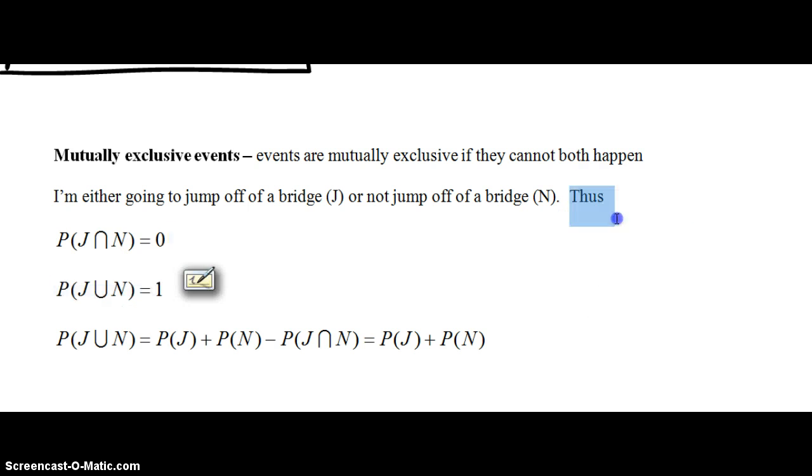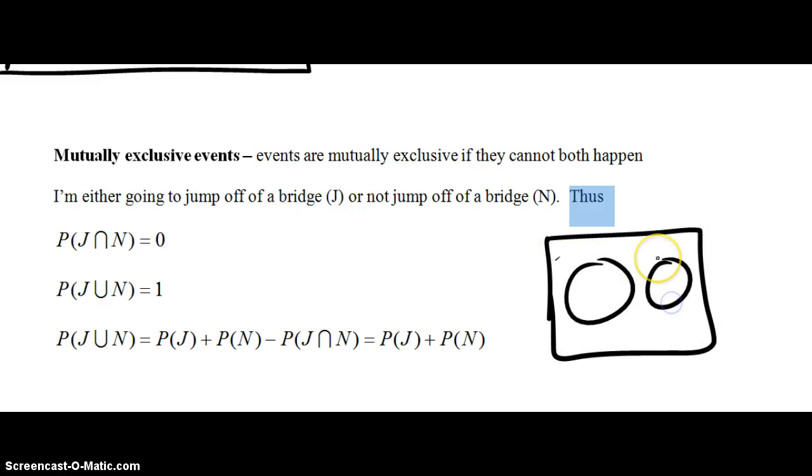So the Venn diagram in this case doesn't intersect. That's the idea, okay? So if this was J and this was N, there's no intersection. The intersection is 0. Then this is just a weird algebra thing.